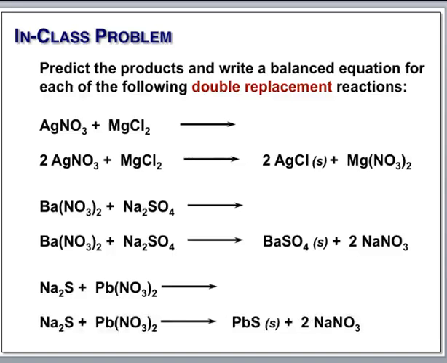Any questions? If it's not governed by rule number 1, which again is group 1, not period, group 1 and ammonium, they're always soluble.